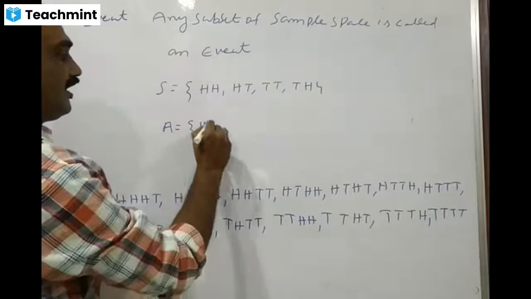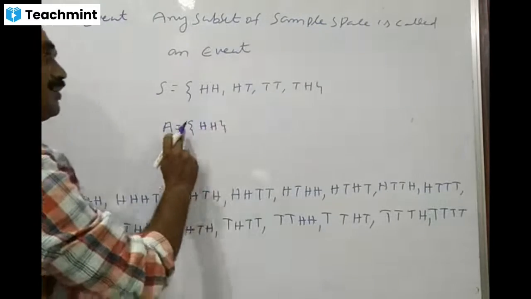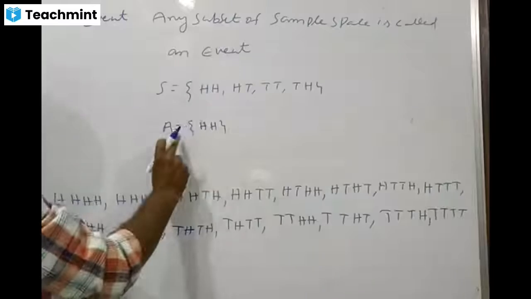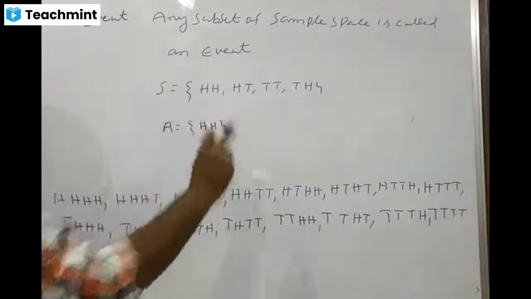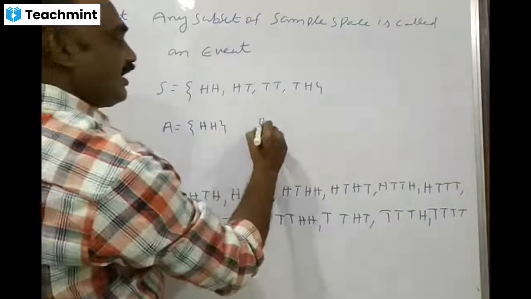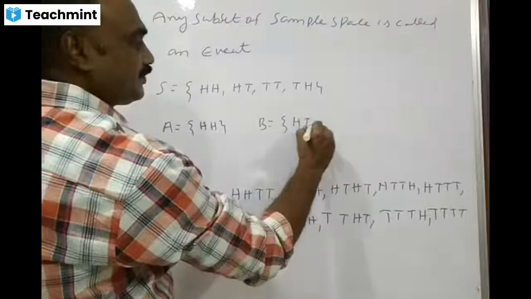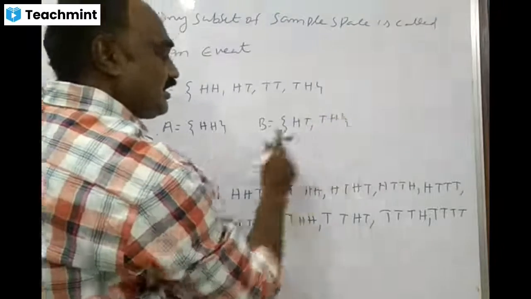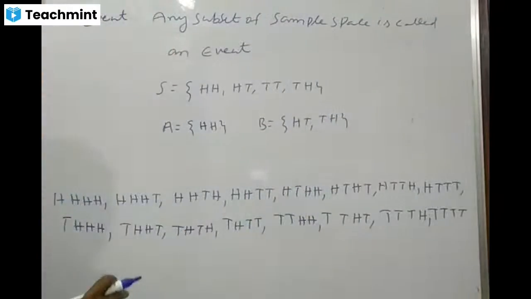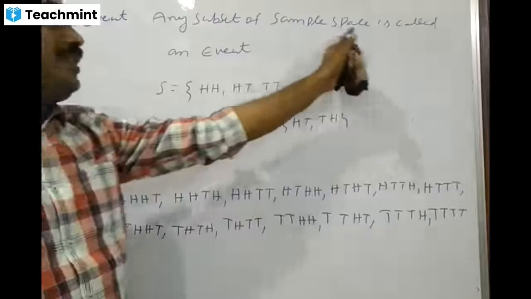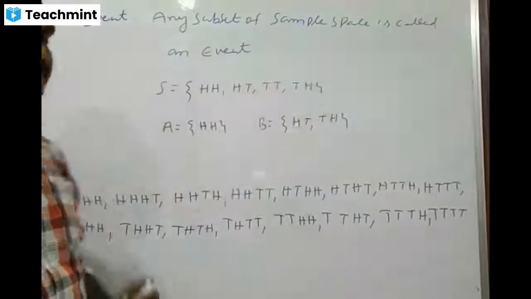So that is HH. This is a subset of the sample space. Again, HT, TH is also a subset of the sample space. So any subset of the sample space is called an event.